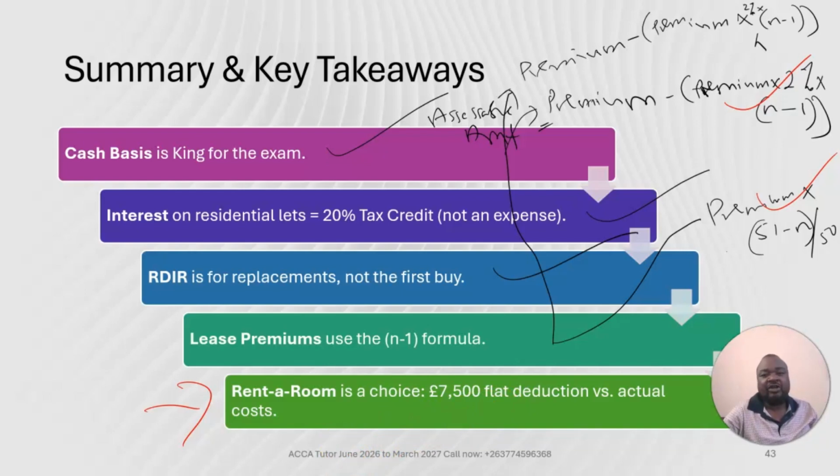By the end of the day, you need to pick which one is going to give you the lower taxable profits, because you just have to manage your taxes. You need to avoid taxes, not to evade but to avoid. So avoidance is sometimes acceptable in the taxman's eyes.